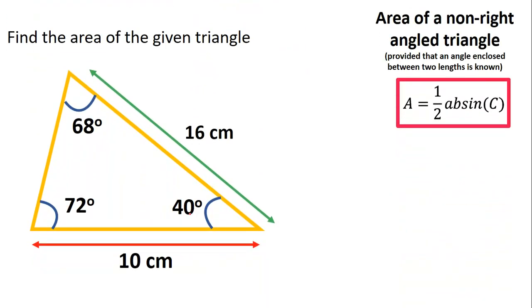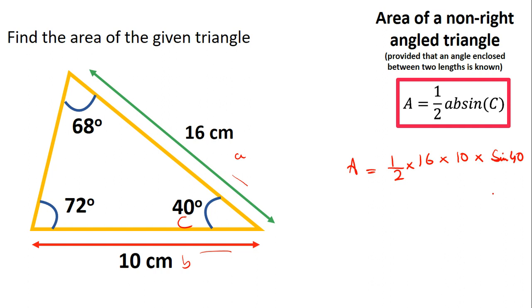Now I know that this angle is 40 degrees and the lengths corresponding to this angle are 16 and 10. So this 40 becomes my C according to the formula half AB sine C. I could take 16 as my A and 10 as my B. So half times 16 times 10 times sine 40.